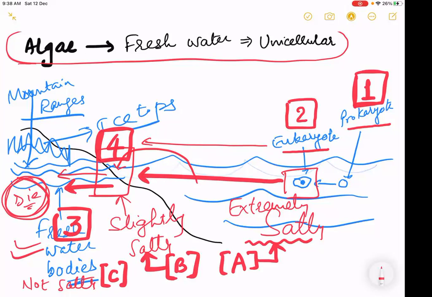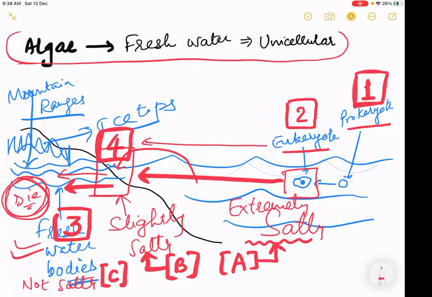So when they are reaching from A to B, they can survive because of the presence of the salt. But from B to C, they are unable to survive because of the absence of the nutrients they need. So in order to survive, they have adapted with a specific feature, the adaptation of making their own food.